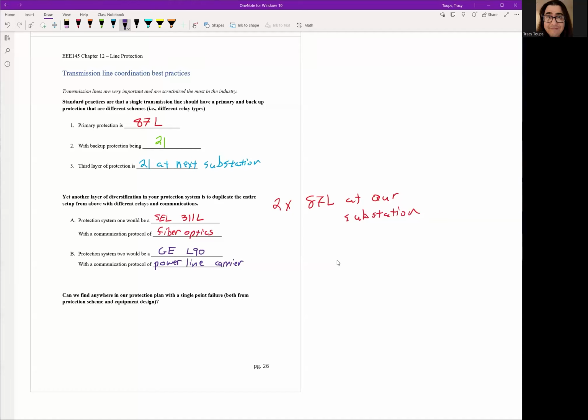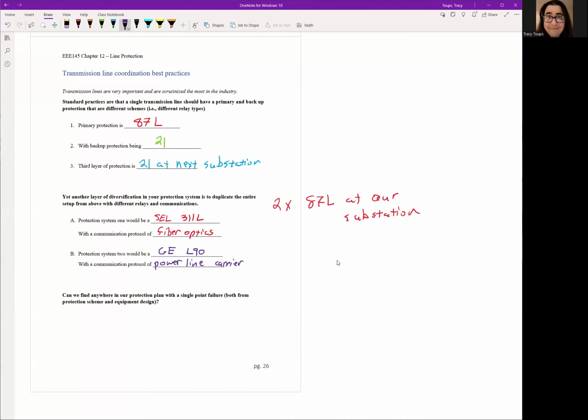That way, not only do we have 3 levels of relay protections, on top of those 3 layers, each layer can be doubled up with different manufacturers and different mediums. So if you do it right, you can actually get up to 6 layers of protection: primary squared, backup squared, third layer squared, if you really want to mix and match all of your relays and manufacturers.